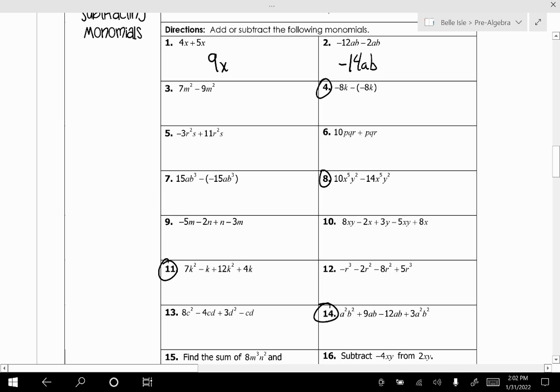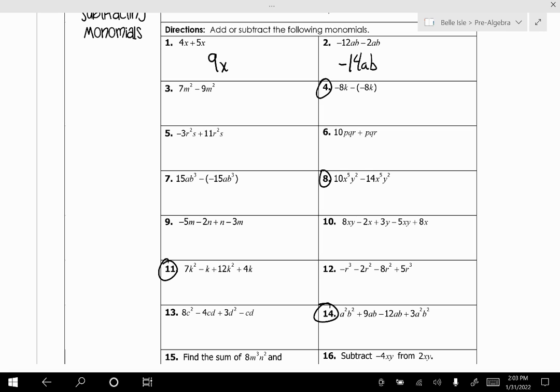Okay, number 4 is what? What do you think it is? I'll leave everybody a little bit more time. It's negative 8 though.